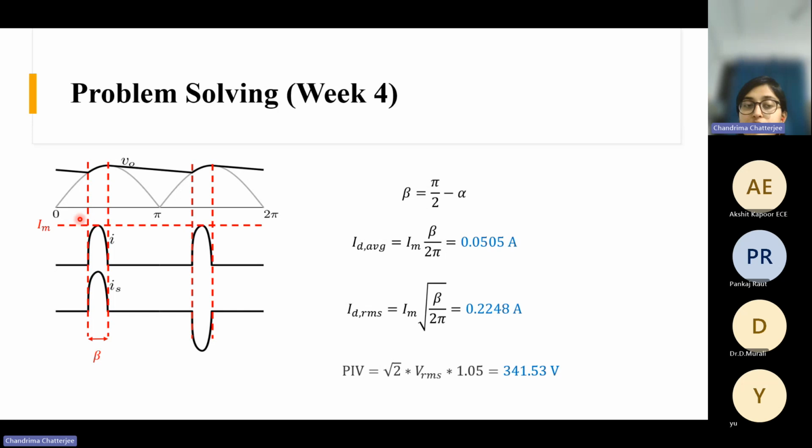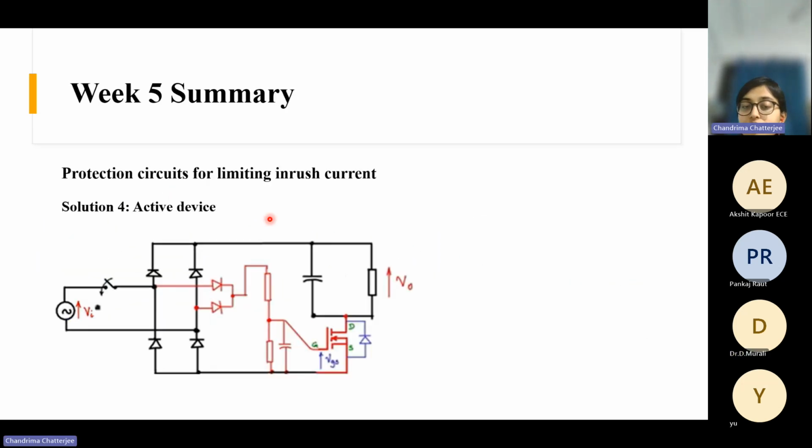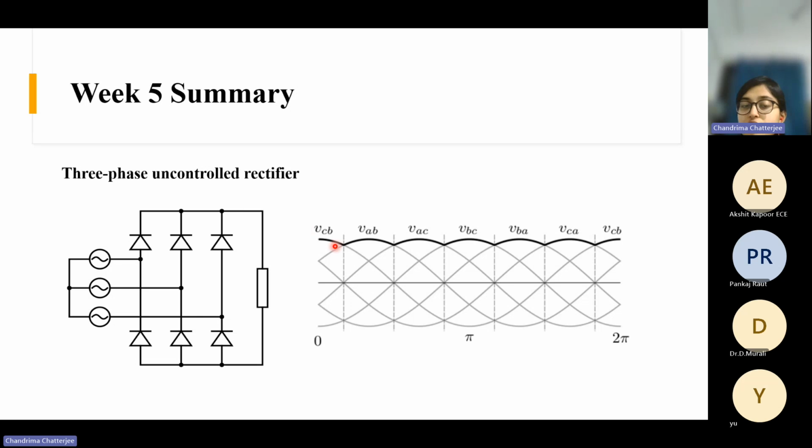So from zero it will start, it will again come to zero at pi, and this cycle repeats. But here, the fluctuation is lesser. In the absence of filter also, the difference between this point and this point is much lesser than the single phase rectifier.